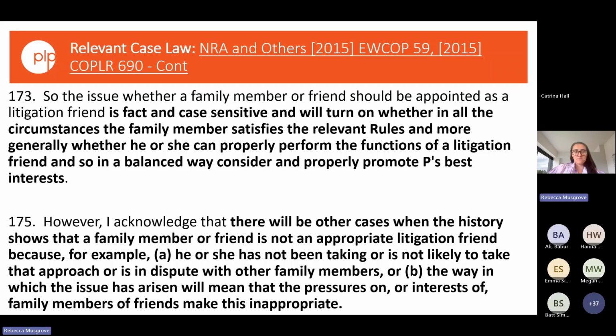And that leaves P then free to obviously be represented through the official solicitor as a litigation friend, and perhaps makes your lives a bit easier as well.